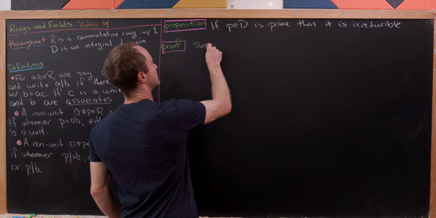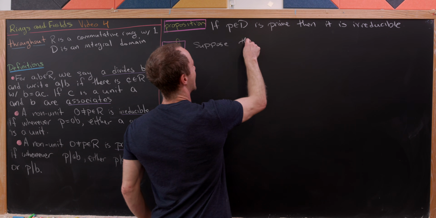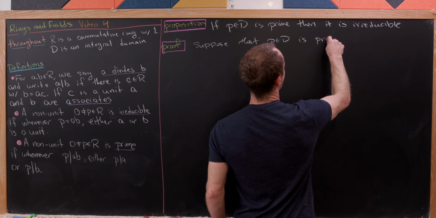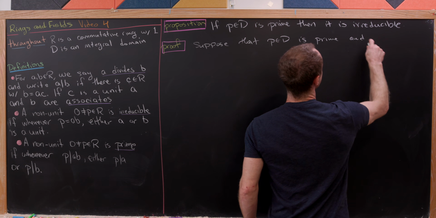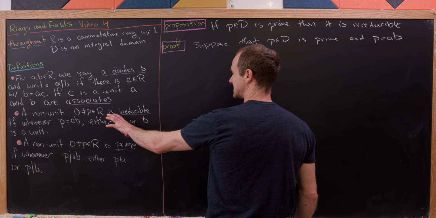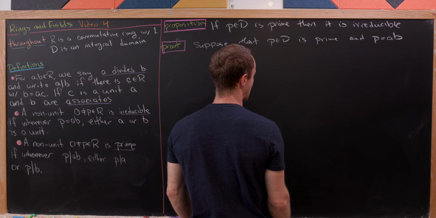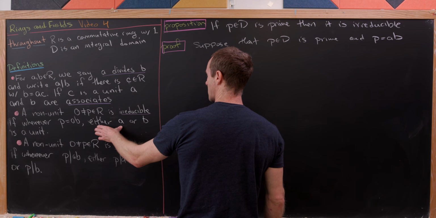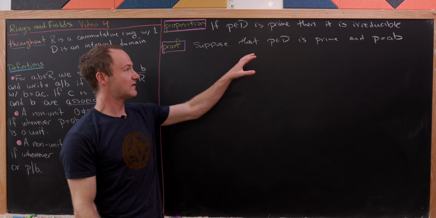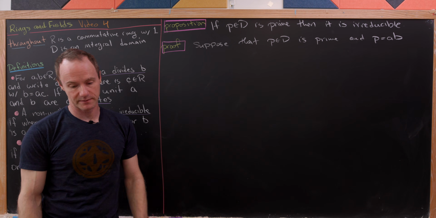Suppose that we have a prime, so p in D is prime, and we know that p is equal to a times b. Observe that's the setup for our irreducible element. Now we want to show that a or b is a unit, given that p is prime.